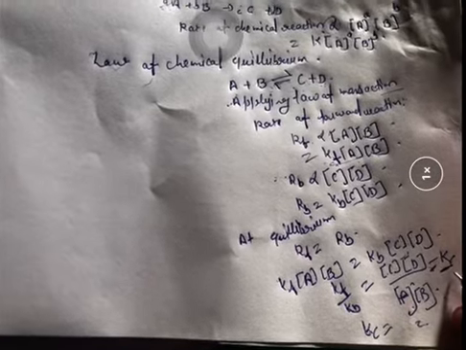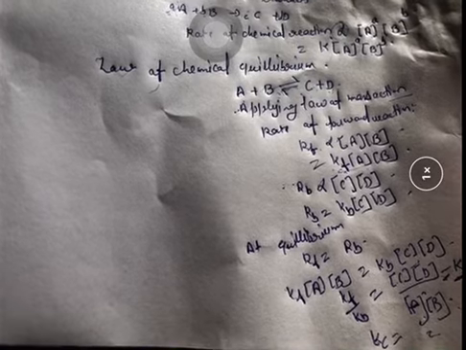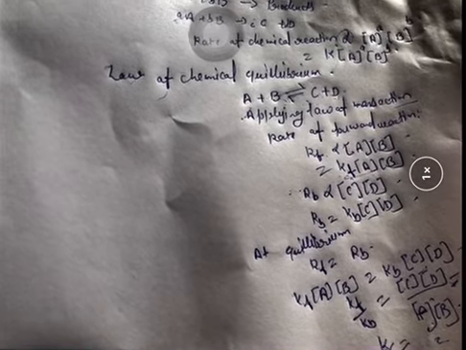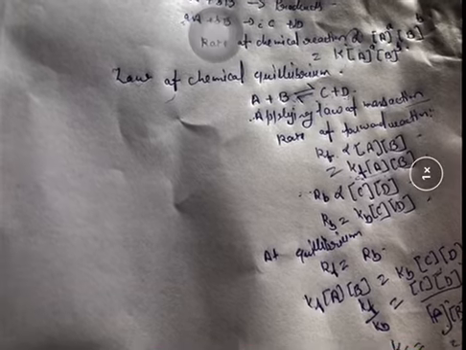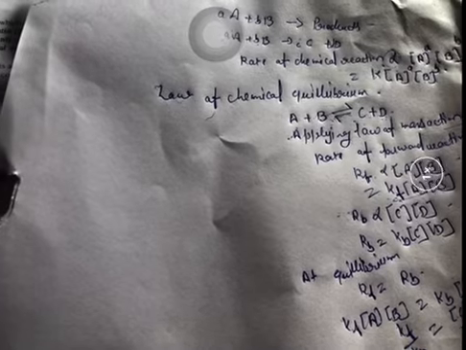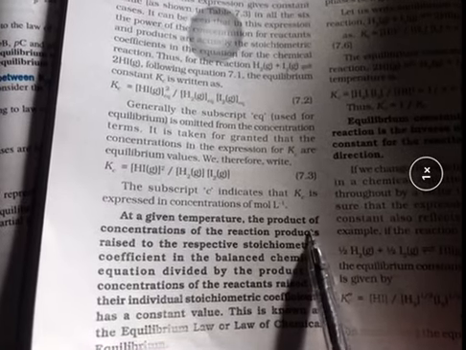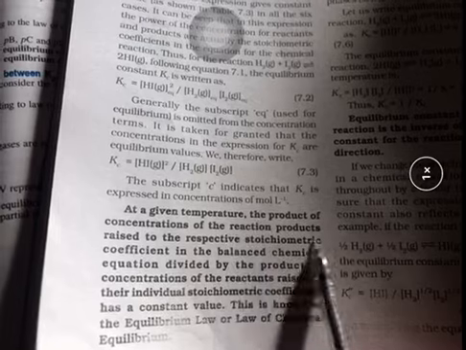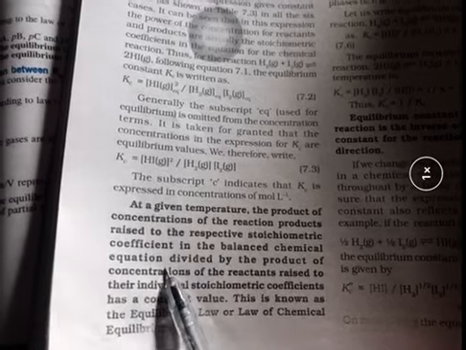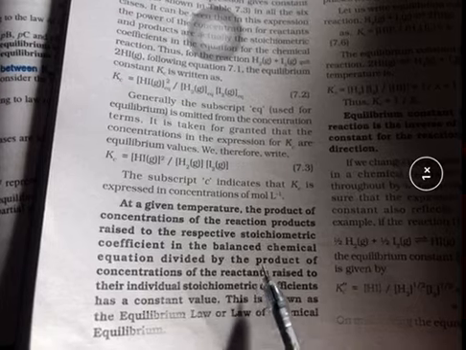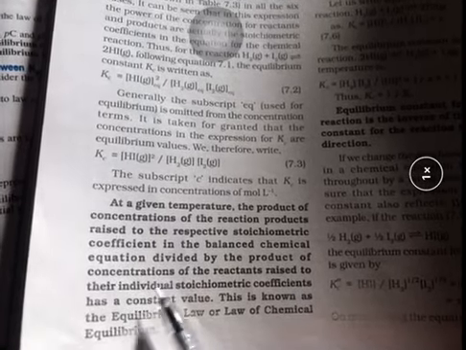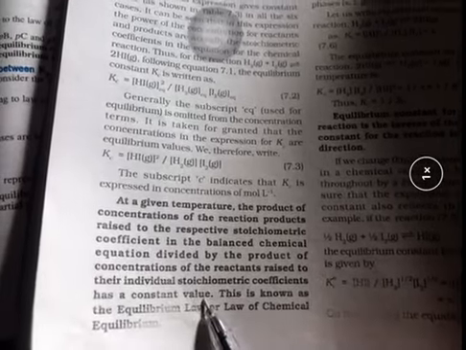In this lecture we have discussed the law of mass action, which we can apply to irreversible reactions, that is, single step reactions. After that we discussed the law of chemical equilibrium, which we can define as: at a given temperature, the product of concentrations of products raised to their respective stoichiometric coefficients in the balanced chemical equation, divided by the product of the concentrations of the reactants raised to their individual stoichiometric coefficients, has a constant value.